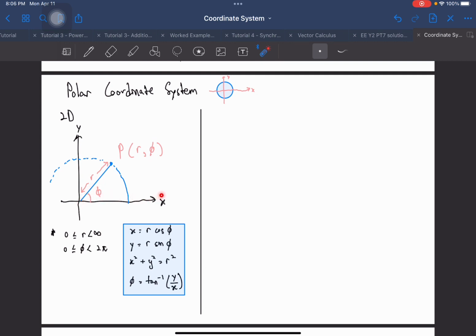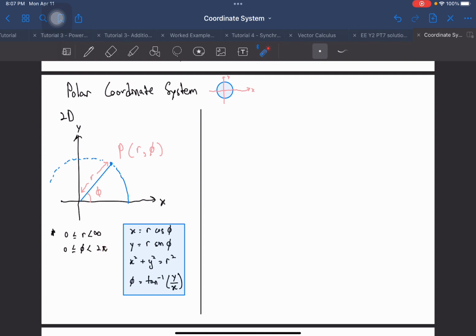So whichever point in polar coordinate system, we use r and phi to determine its position. This r can be 0 to infinity, and this phi can only be 0 to 2 pi. What is pi? Pi is 180 degrees.